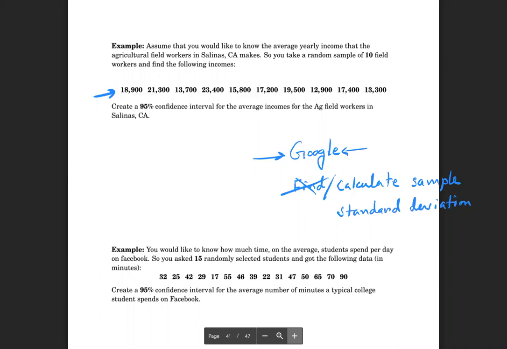It's going to give you X bar, which is the mean or average for this data set. And it's going to give you S, which is the sample standard deviation.